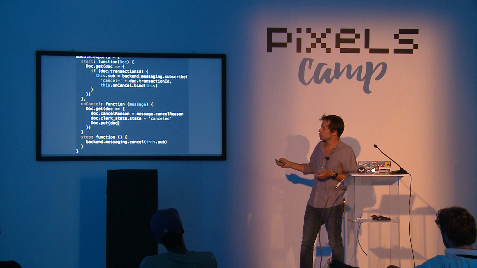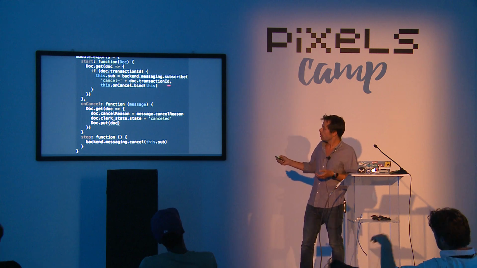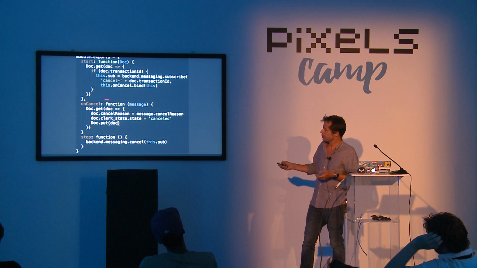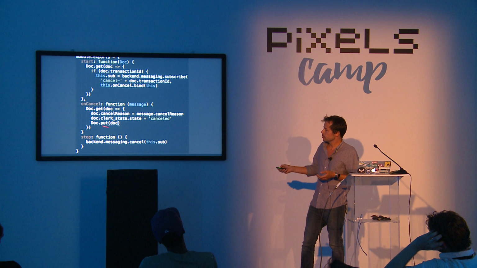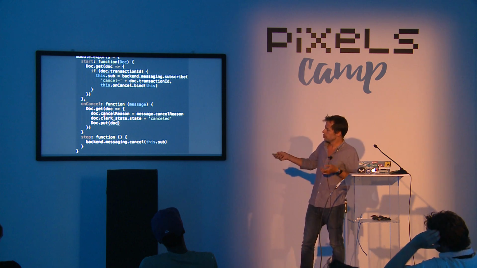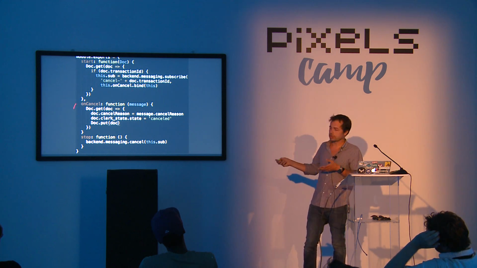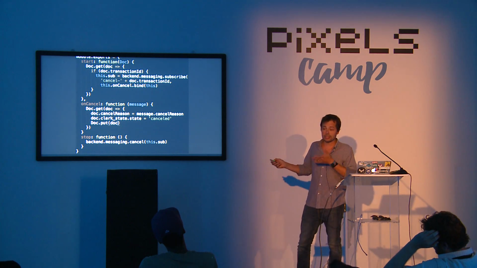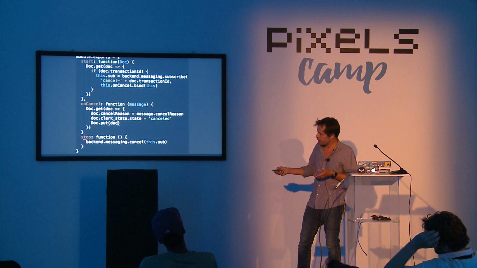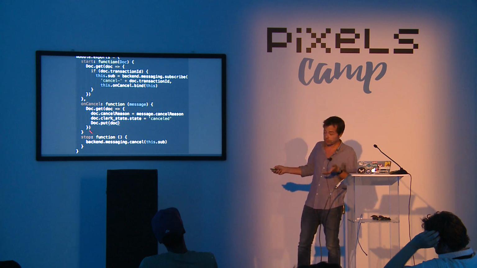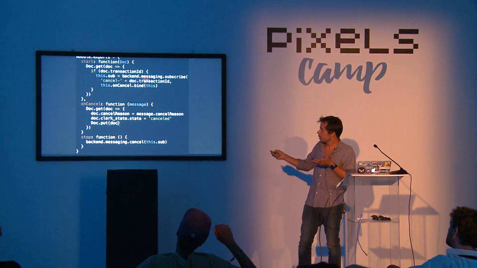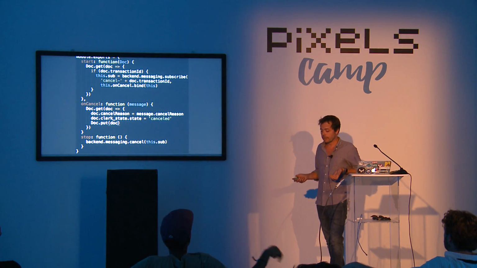In this case, we're subscribing to a cancel event on the backend message queue, and once that event happens, this function is called, and we're going to take the opportunity to change the transaction document. And once the transaction is completed, the stop method is going to be called, and I'm going to take this opportunity to unsubscribe from the messaging service.